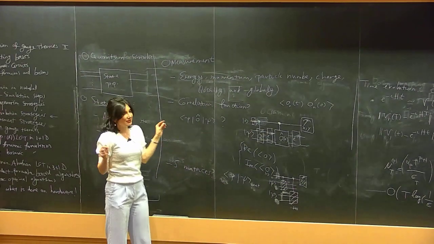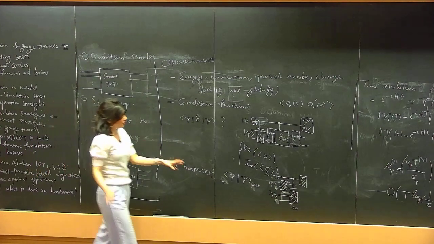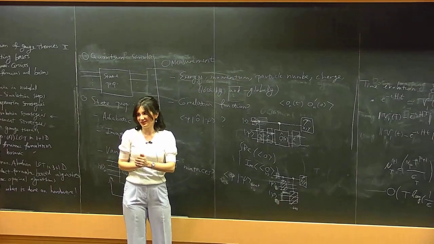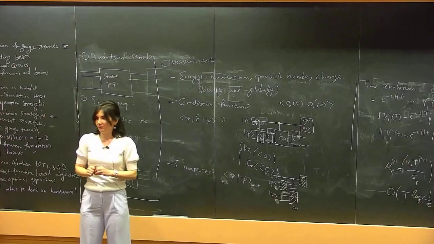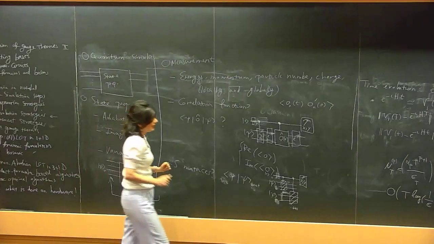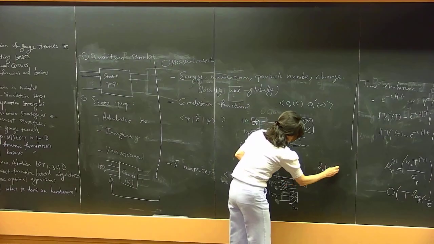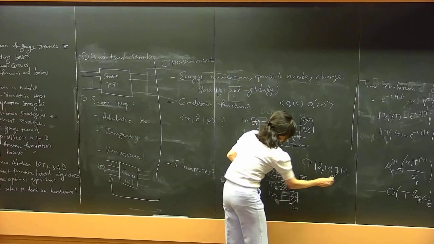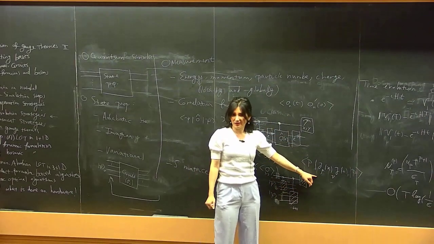So really, doing things like exclusive processes amounts to not only preparing the initial state, but also the particular final state that you're after. So it's more expensive. If you want to do inclusive processes, you can also do that. You can have your currents, and then you can, for example, look at this expectation value inside the proton.